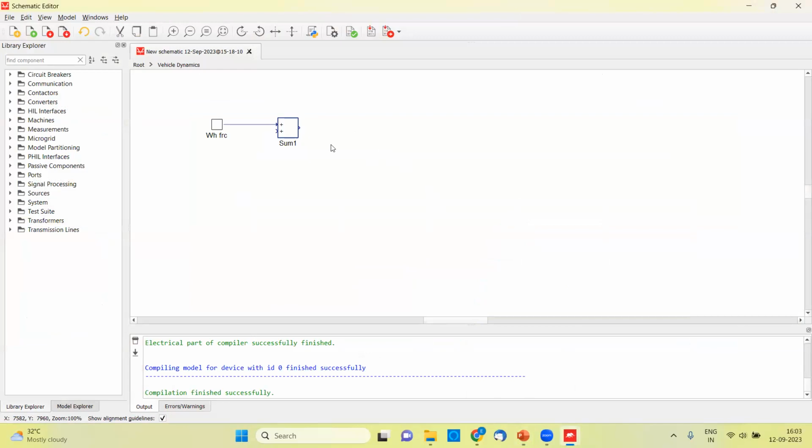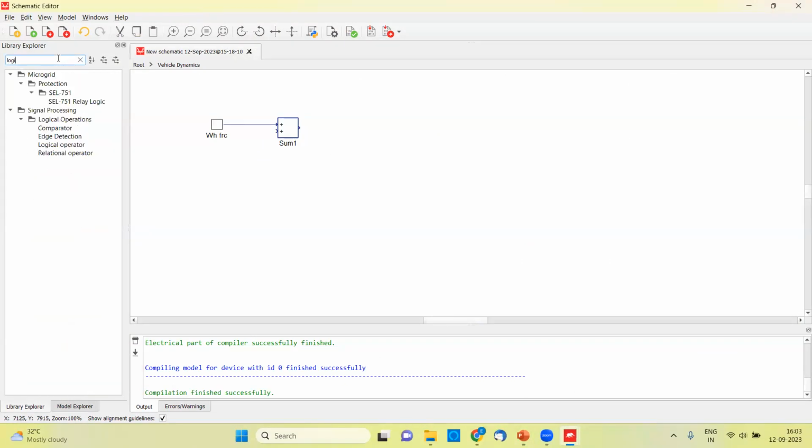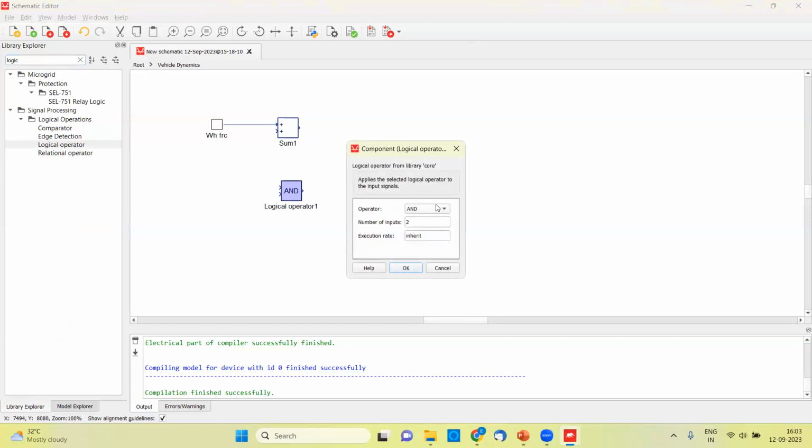There is one condition in which your vehicle is accelerating, one where it is cruising, and one where it is decelerating. For providing such input, you just need to design some control logic. For designing that logic, you can use the logical operators which are there, so you must be aware of all of them. You can design your own controller according to whatever situation you want.